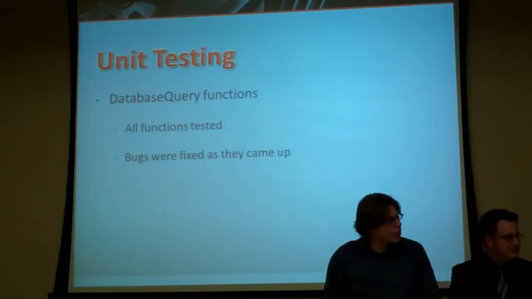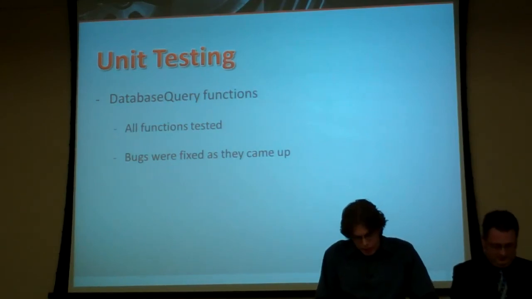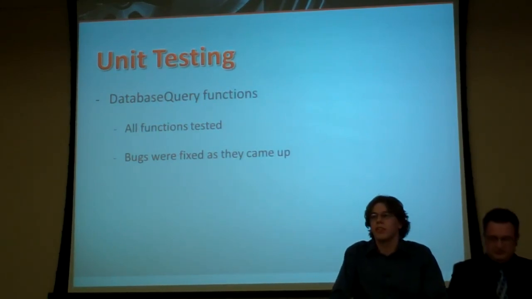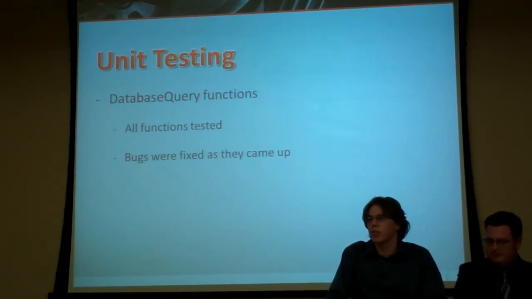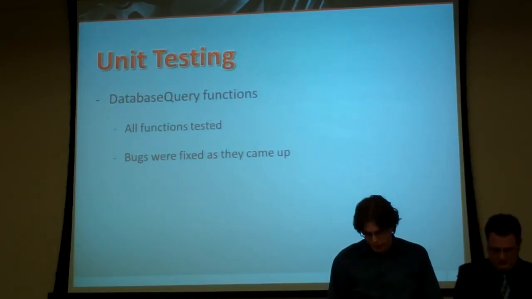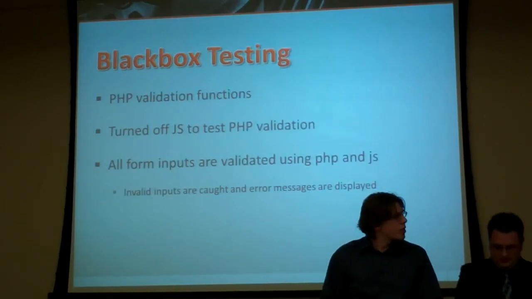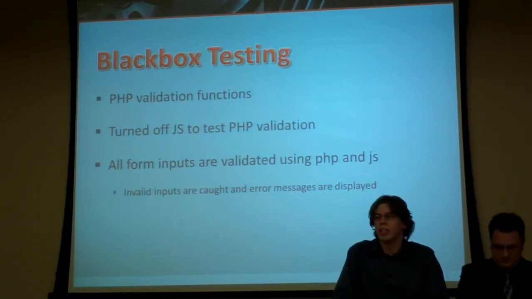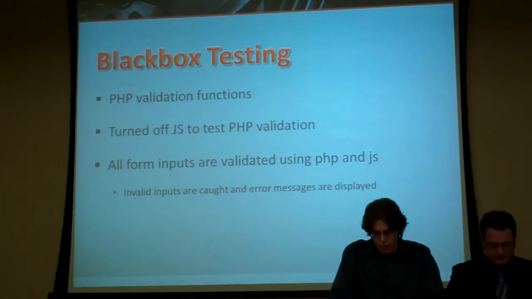Then moving on to the unit testing, we used SimpleTest. It was a test class that would run through all the functions and then display on Firefox which functions passed and which ones failed. That way we knew which ones we had to go in and fix again. Then black box testing: we have PHP validation functions as well as JavaScript.